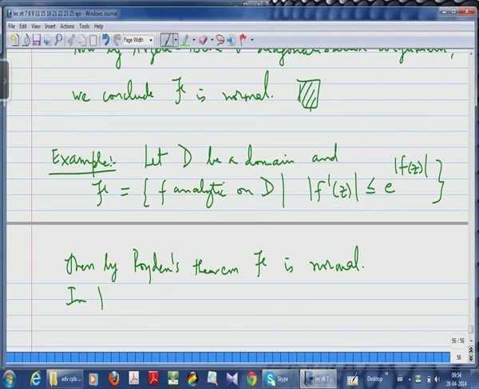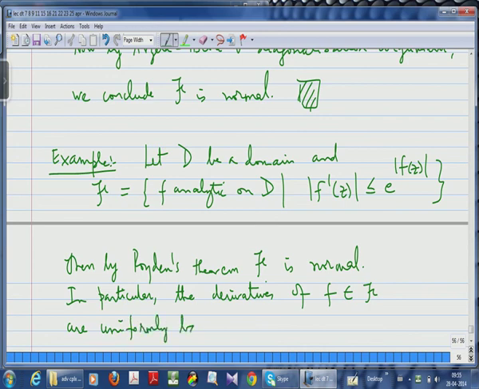In particular, the derivatives of f belonging to script f are uniformly bounded on compact subsets of D, which is quite surprising, given that the original condition was just that the derivatives are growing exponentially with respect to the functions.